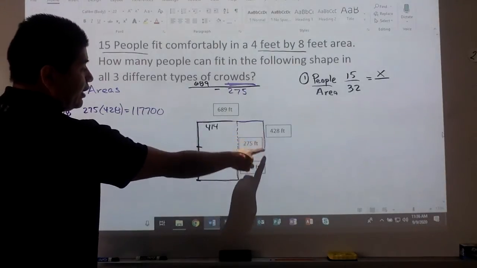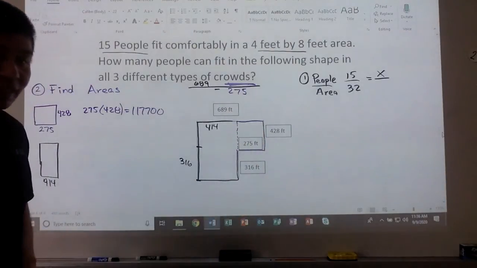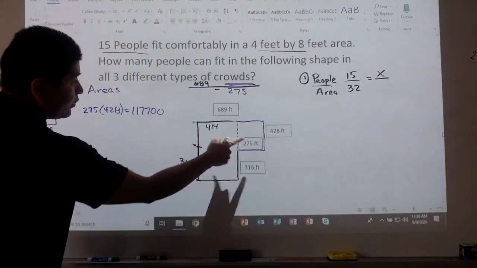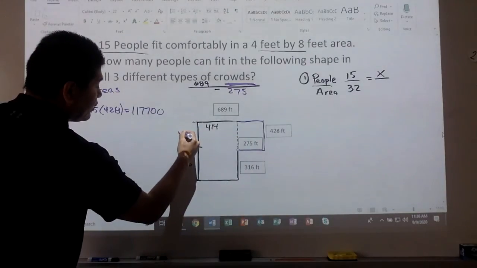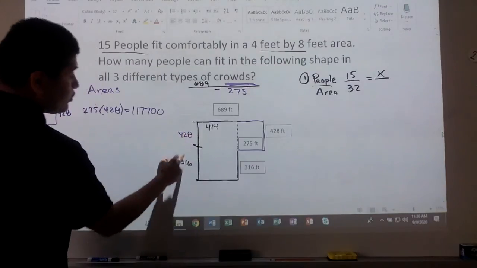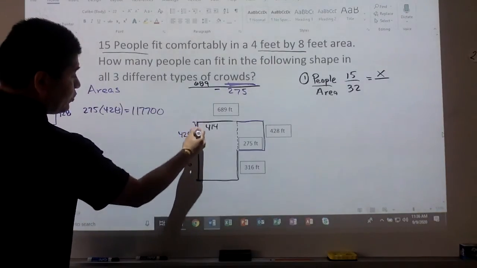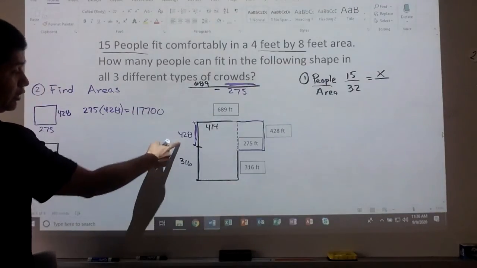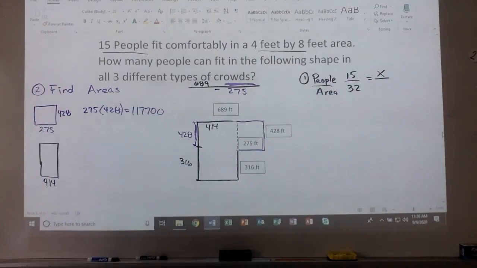So can I go ahead and use what's on the other side? From here to here, I know it's 428. So these two is the same as that one. What can I do with this so I can get the dimension of the whole side?